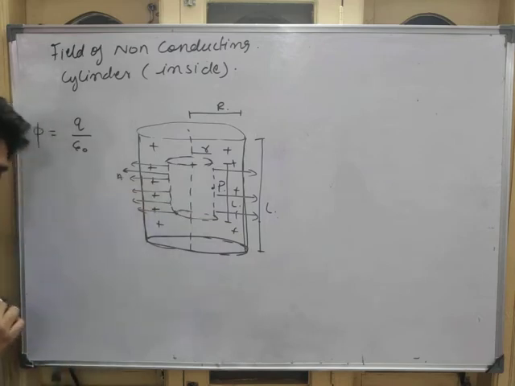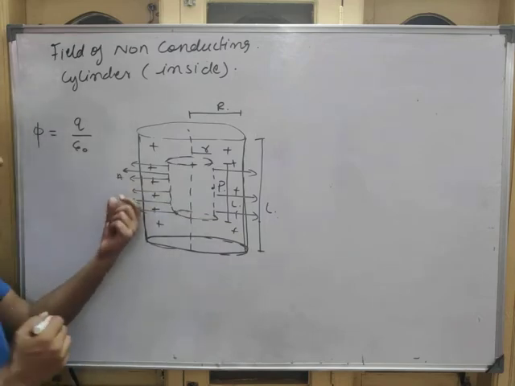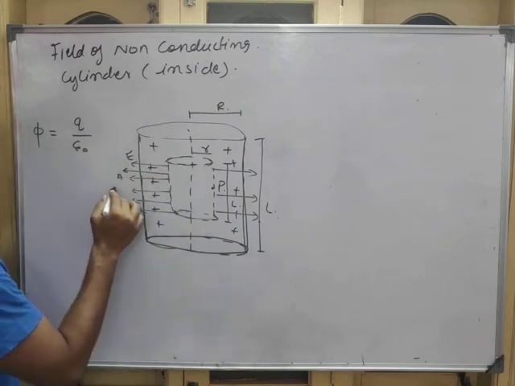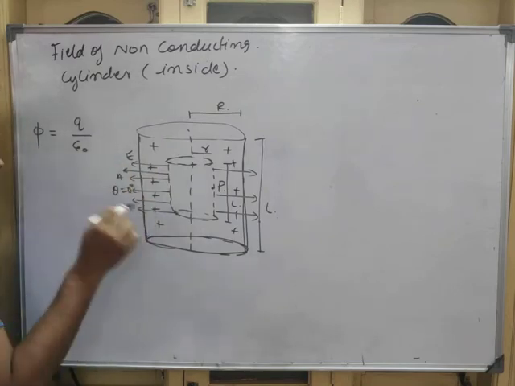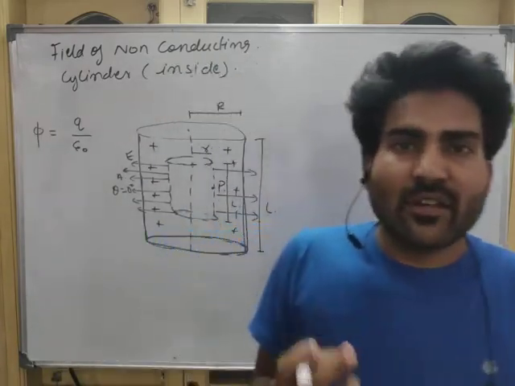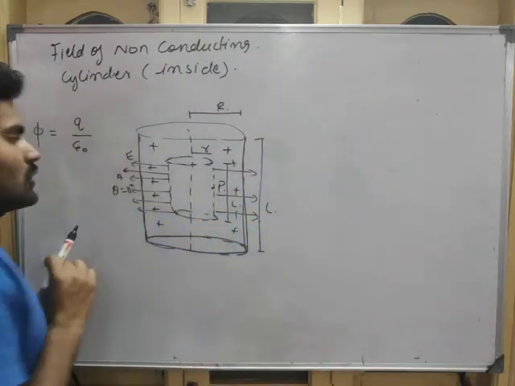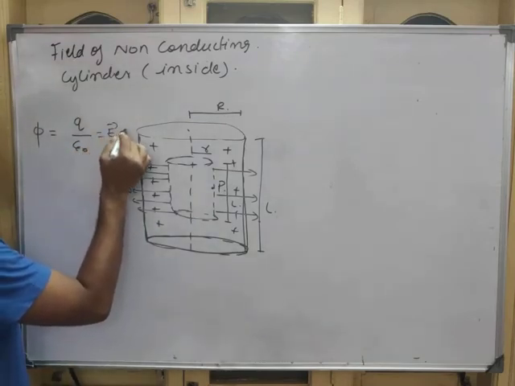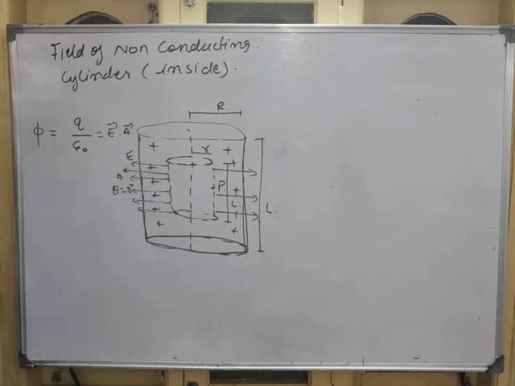This is the area vector, right? So the angle between the field and the area is how much? Theta is equal to 0 degrees, right? Because the field and the area are both in the same direction. Now what we will do? The flux is E dot A.